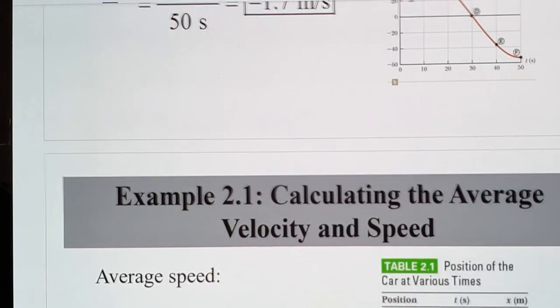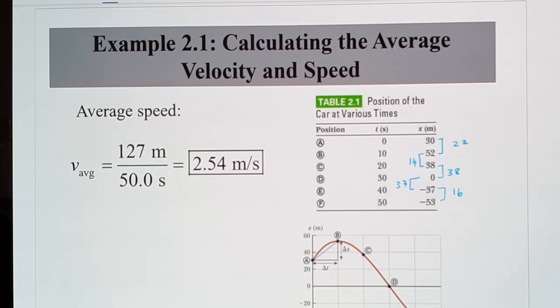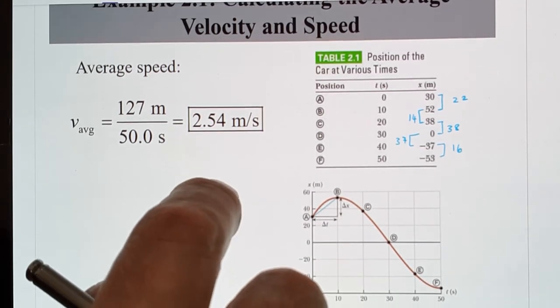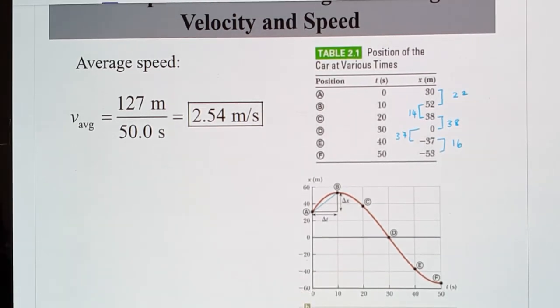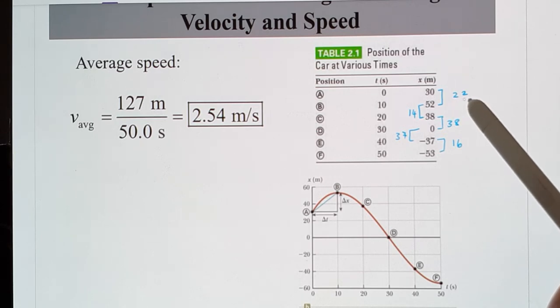Okay. Now let's do the average speed. We were talking about the average velocity. Now we talk about the average speed. For the average speed, we need to calculate the total distance traveled, not displacement. So let's calculate the distance. Between 52 and 30, he covered 22 meters.